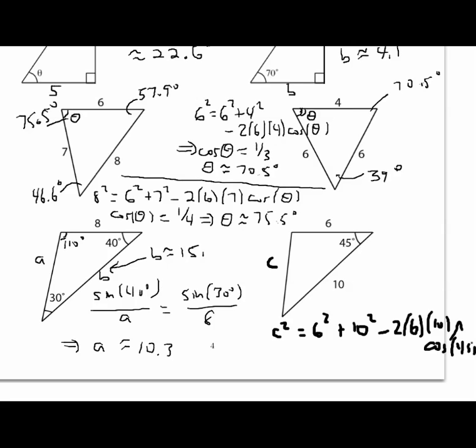So the number on the right is just a numerical calculation, so we can just use a calculator to figure out that C squared is 51.15, and so that means that C is the square root of that, so C will be approximately 7.15.